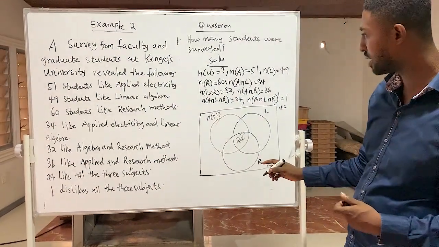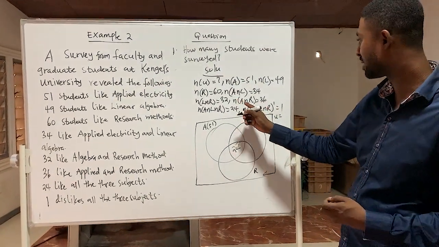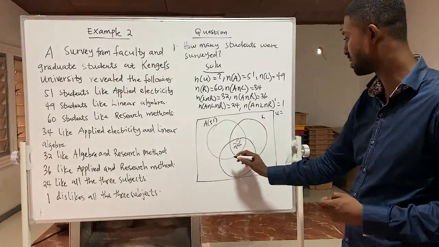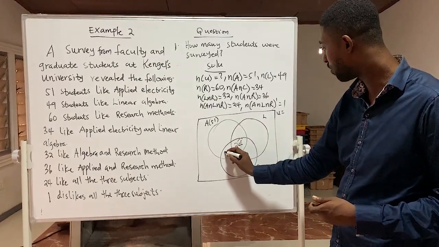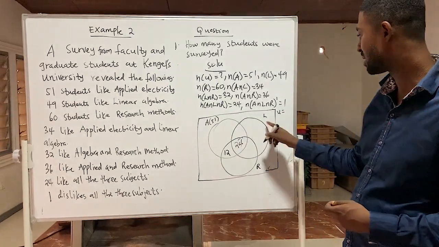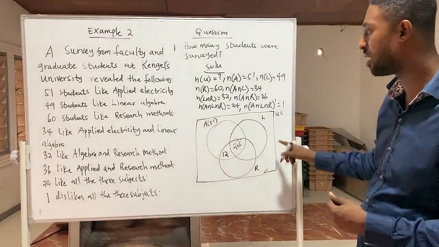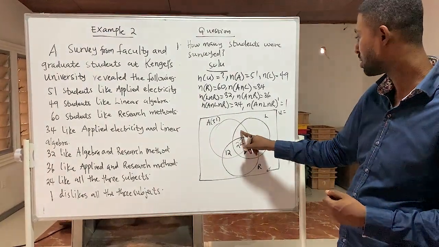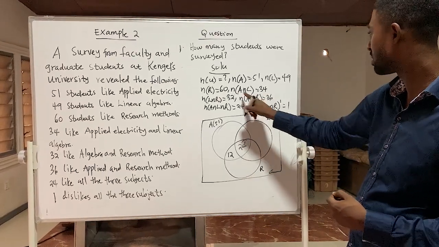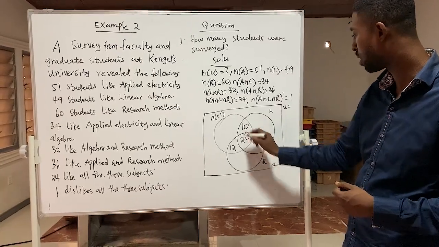The number of students that study applied and research method, so A intersection R, is 36. So I'll take 24 out of 36 and I'll have 12. Then here is A intersection L, so students that study applied and linear algebra, which is 34. So if I take 24 from 34, I have 10.